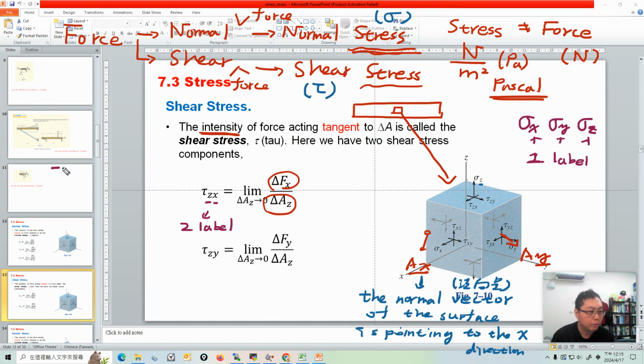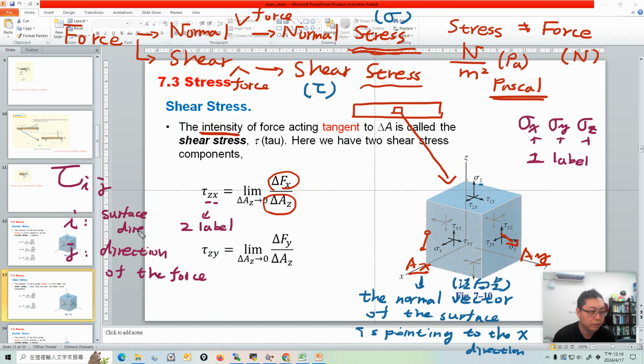So for example, if I write tau ij, what does i mean? What does j mean? The j means the direction of the force, and i means the surface direction.